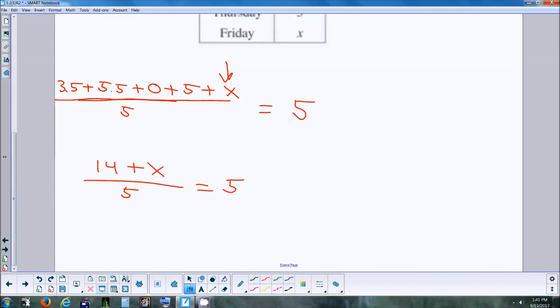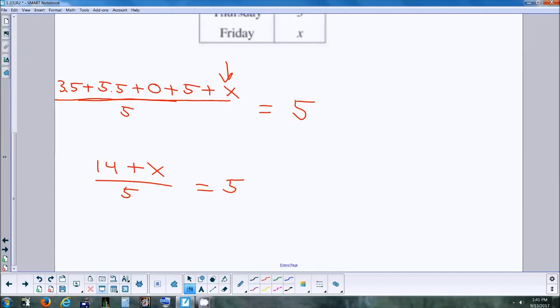All right. Now, the next thing that we would want to do is, we have a fraction here, right? How do we get rid of this divide by 5? You would multiply by 5. Yeah, this one's a little different because you have two things in the numerator.